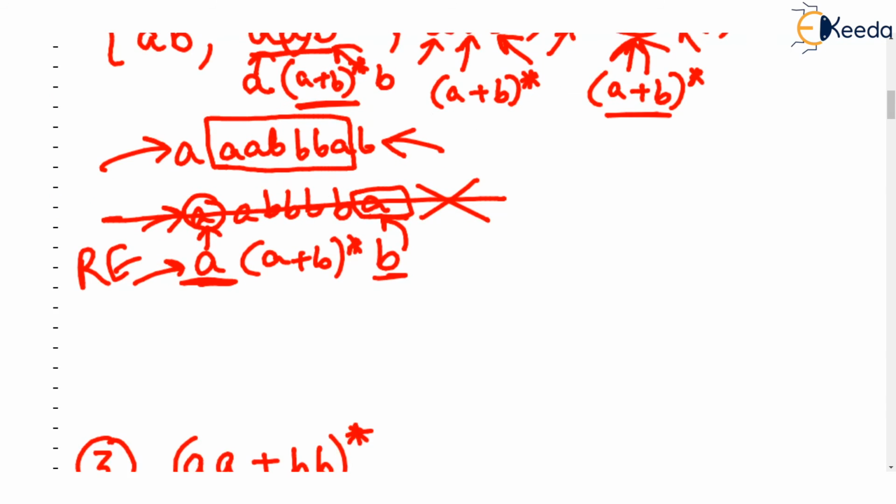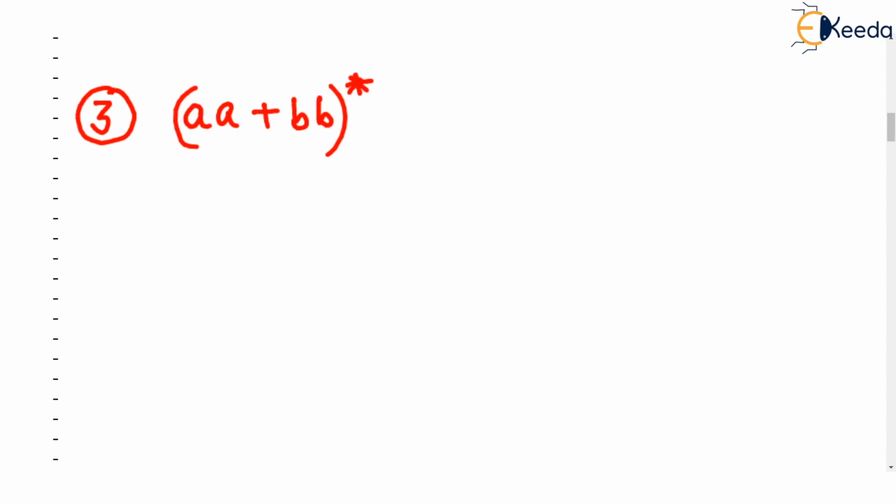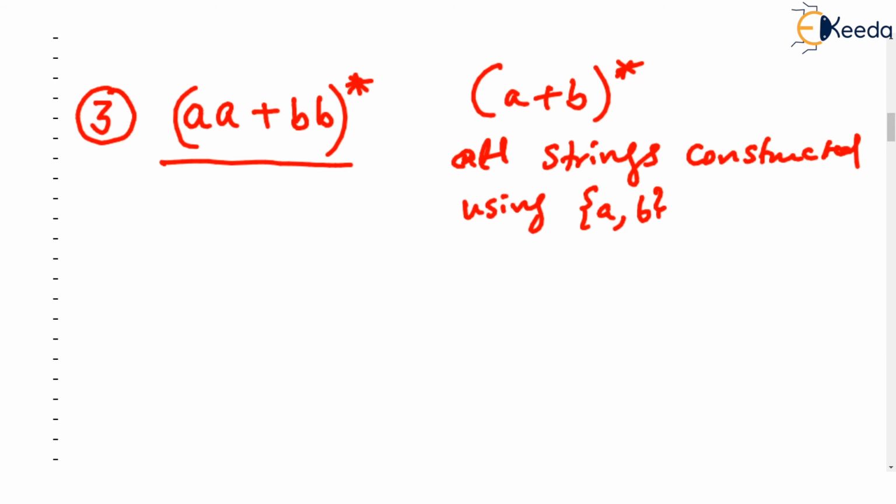Let's see one more example. Oh, very interesting. What does this regular expression indicate? Now, don't make it complicated. You watch this. What does (A+B)* mean? All strings constructed using A, B of any length, correct?